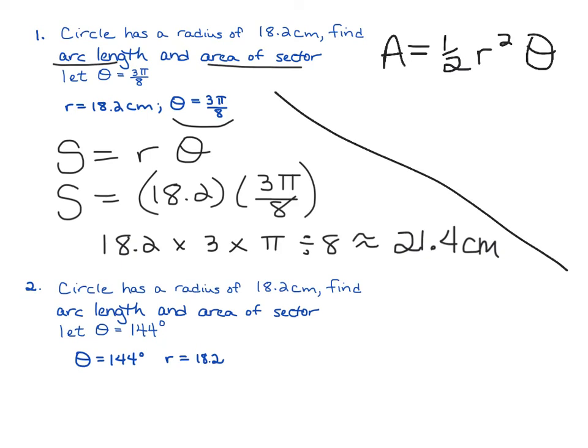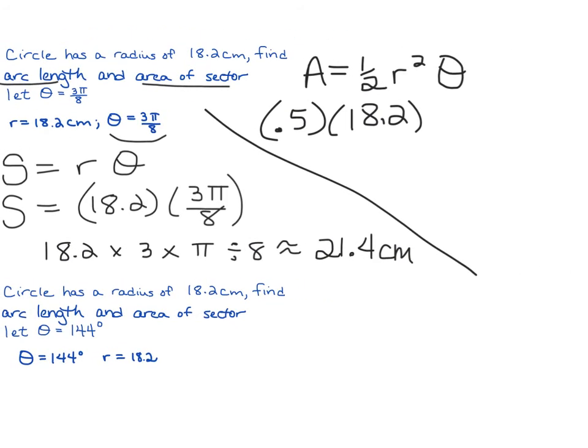You could leave it as 1 divided by 2, or you could divide it ahead of time if you know that 1/2 is 0.5. Then 18.2 squared. However you want to enter it in your calculator, many calculators have a square button. So this squared times 3 times pi divided by 8.